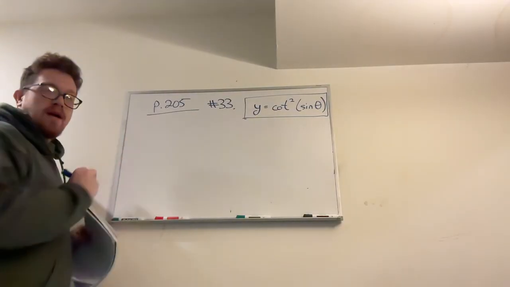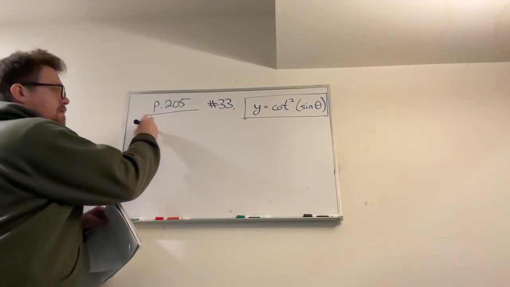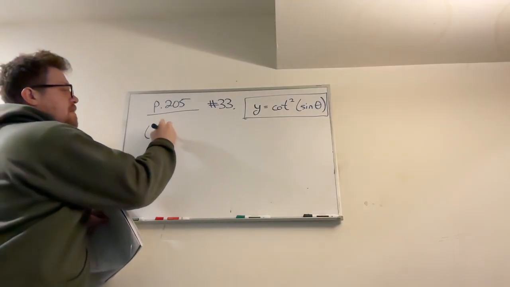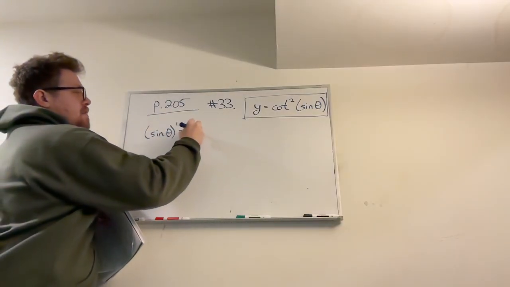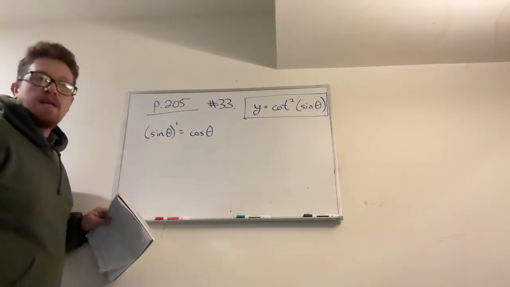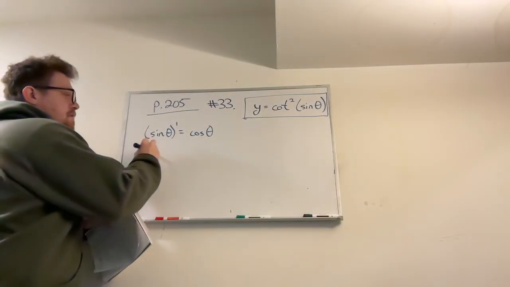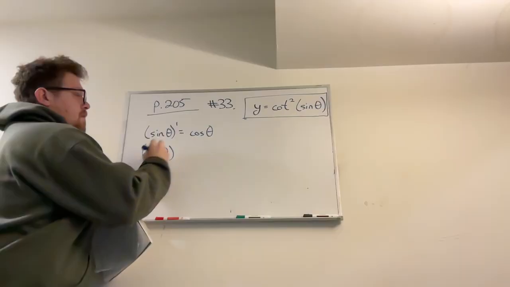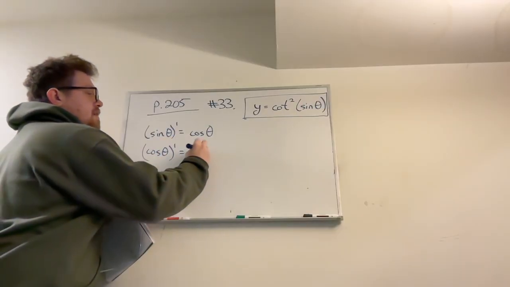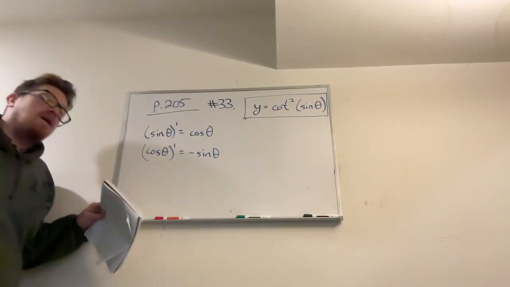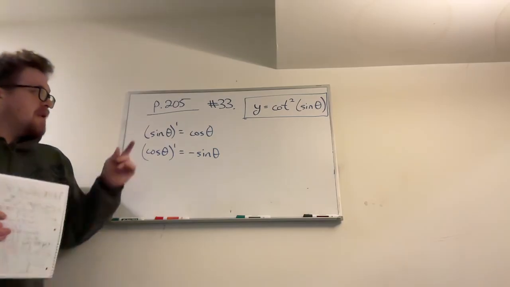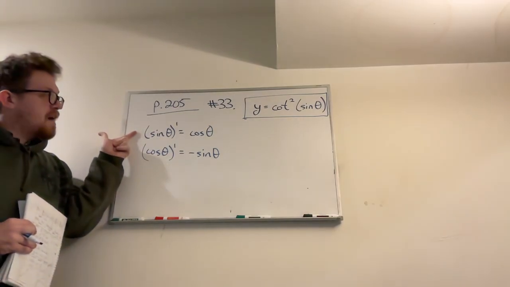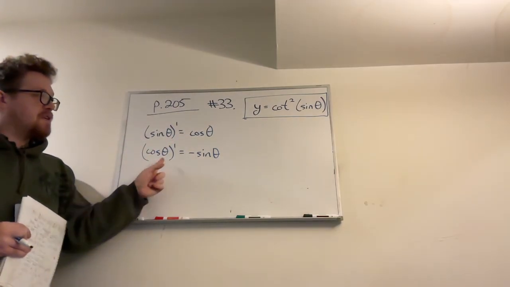Here I'm just going to write some of the things that we're using to solve this. So the derivative of sine theta is cosine theta. These are your standard trig functions, and the derivative of cosine theta is negative sine theta. And you get this sort of repeating pattern, because if you take the derivative of sine, you get cosine. You take the derivative of cosine, you get negative sine.